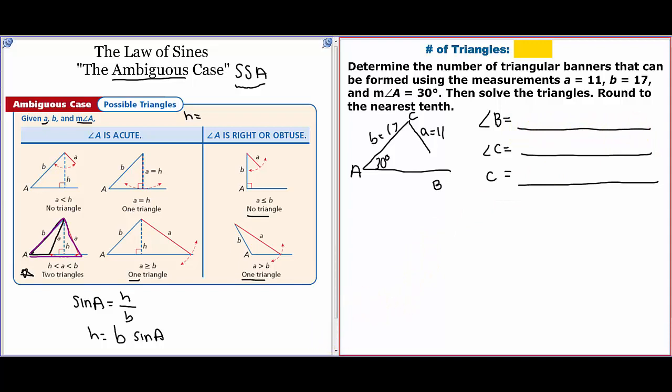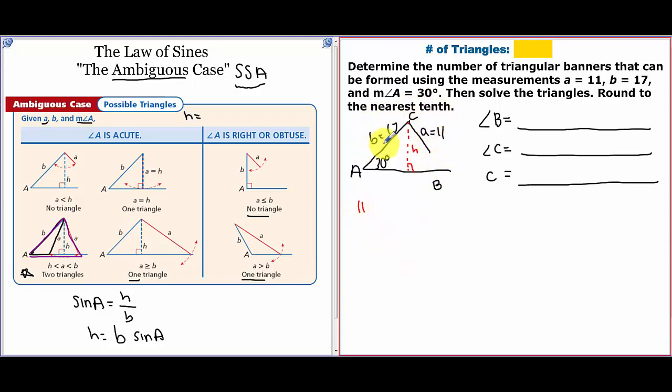Okay, so we need to look and see how the height compares, which would be this distance, our shortest distance between point C and line AB. We need to see how that distance is going to compare to side A. So I know side A is 11.